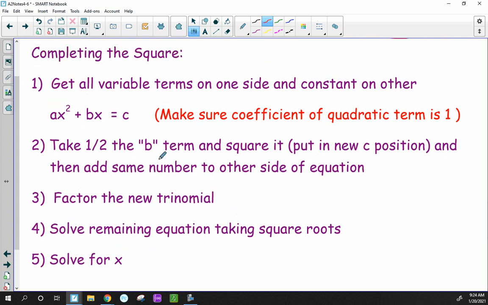Okay, this process is called completing the square. And we use this process when we notice that the original problem does not factor for us. This is like a different way to do a problem and still find the answer, again, when the equation does not factor from the beginning.